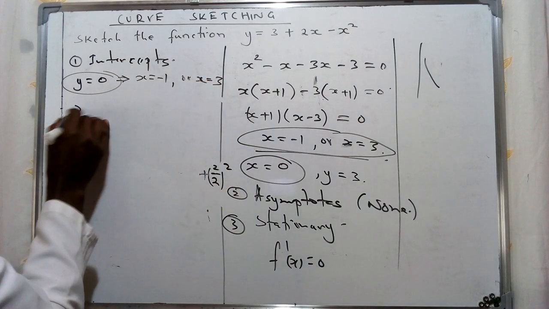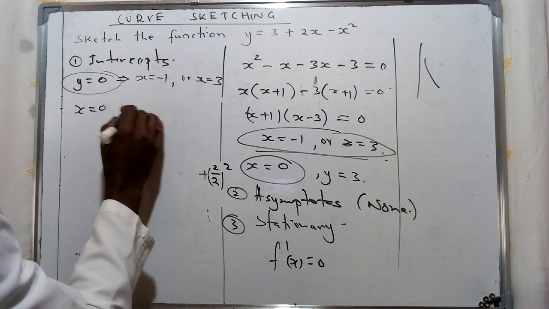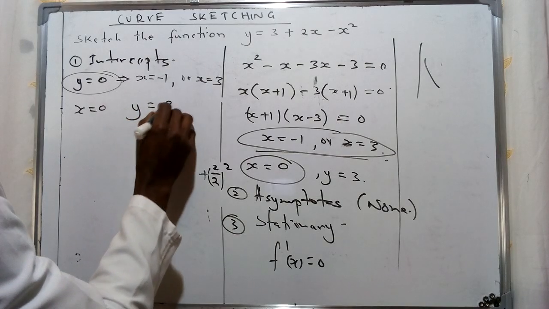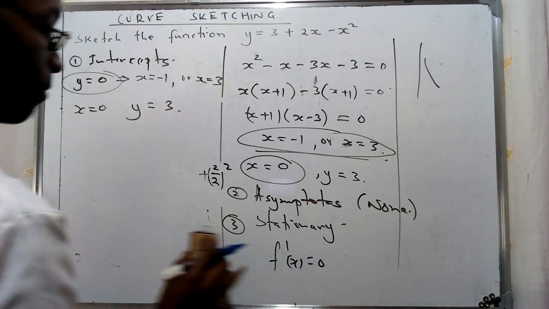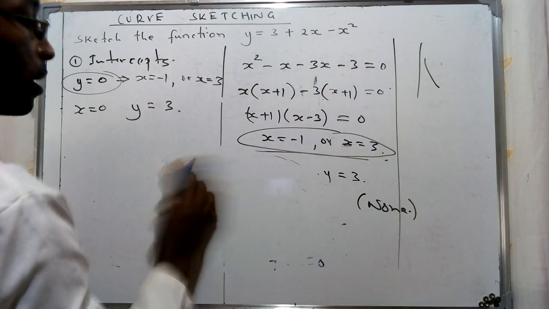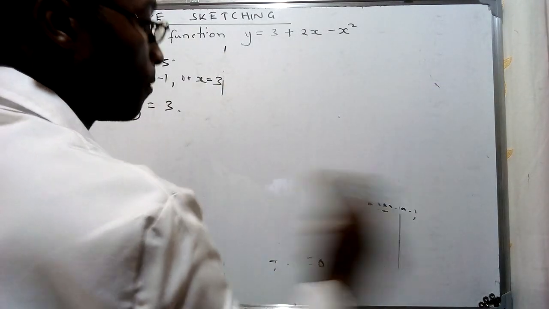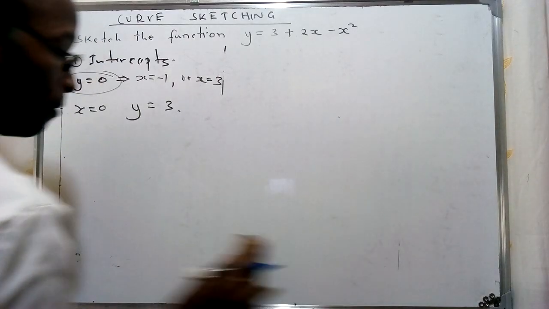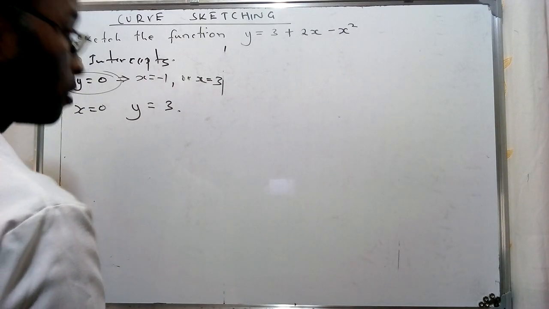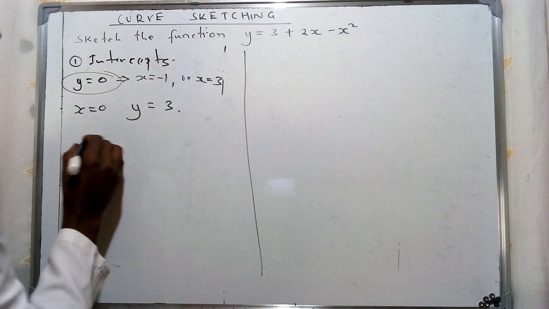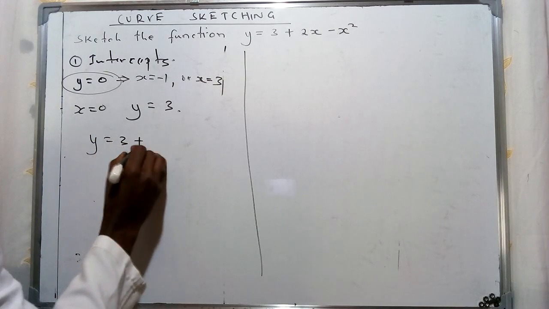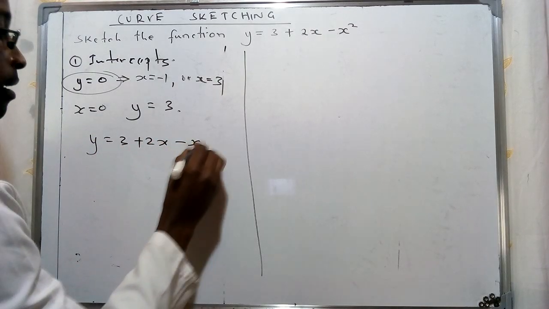And for x equivalent to 0, we have y equivalent to 3. So this is the information that we need. Then we shall look at the concept of the stationary point, which we have said is where the first derivative gives us 0. So we have the equation y is equivalent to 3 plus 2x minus x squared.